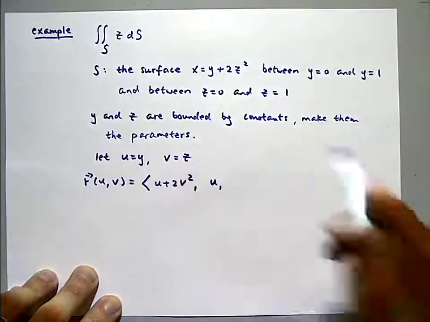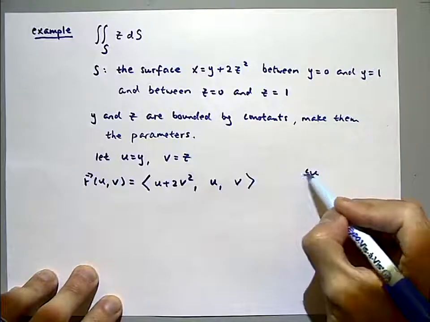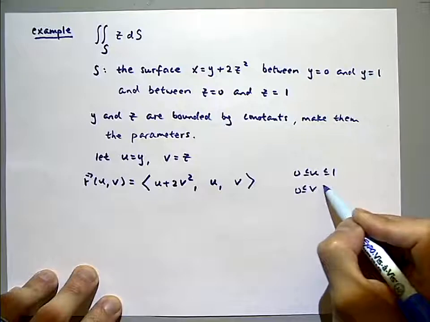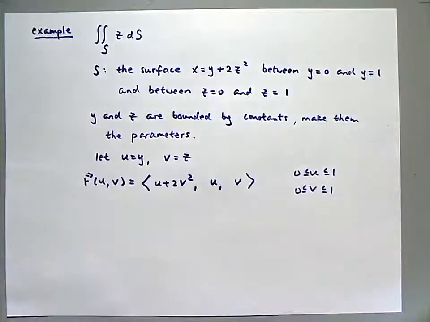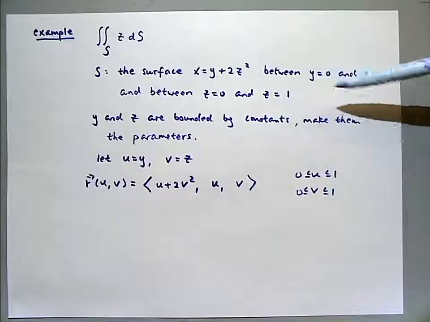The z component is v. And u is between 0 and 1, and v is also between 0 and 1.